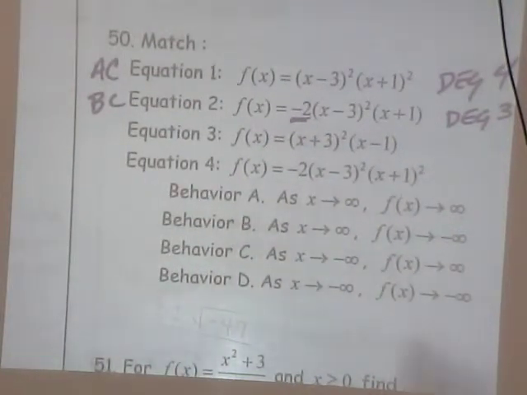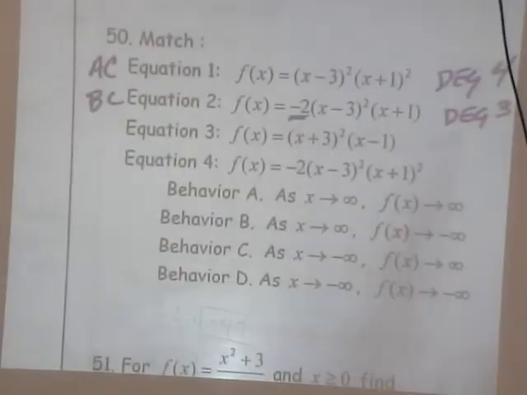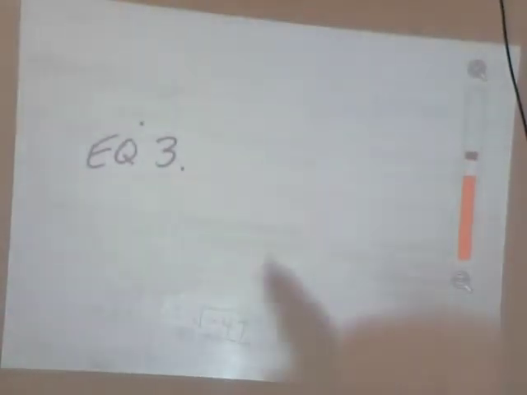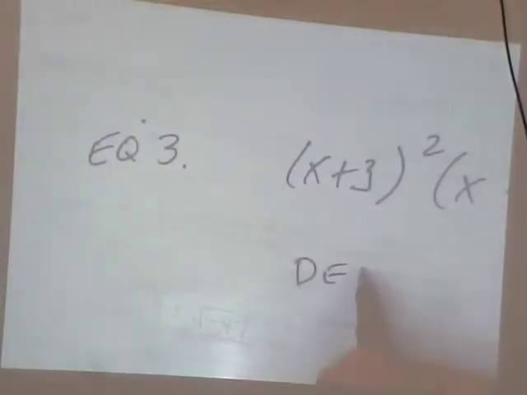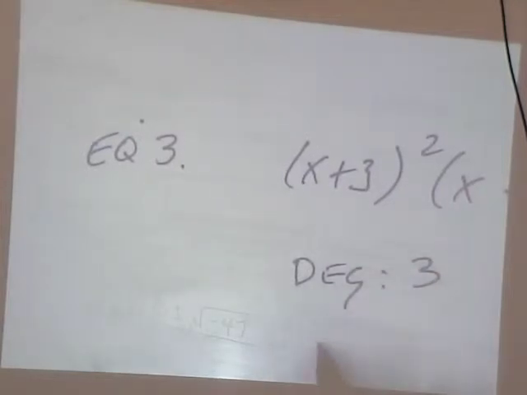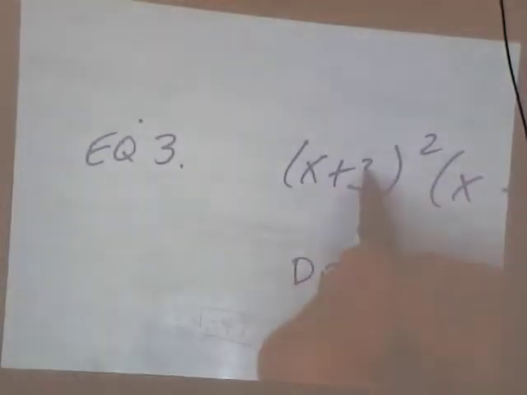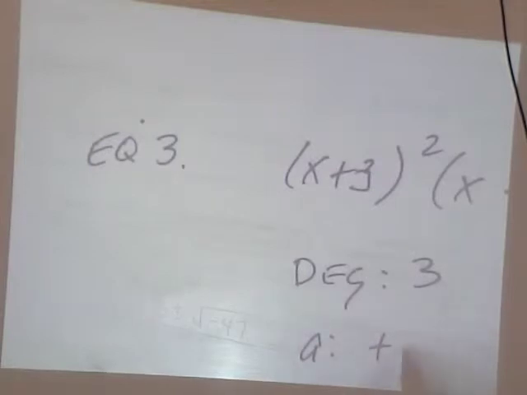All right, equation 3. What's the degree going to be? We've got x plus 3 squared and x minus 1. Degree is going to be 3, and my a value is going to be a positive, right? So it's an odd degree.